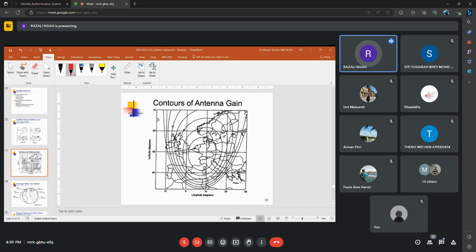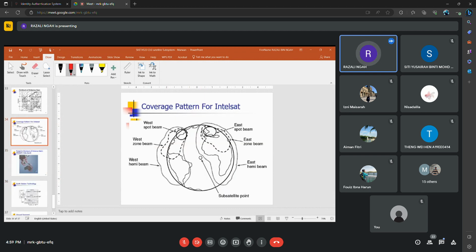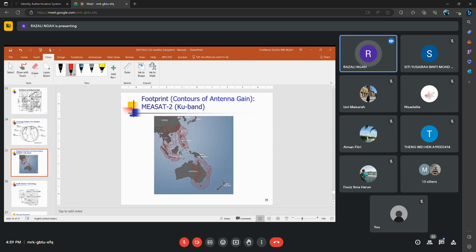For each zone we have 1 dB loss: 1 dB, 2 dB, 3 dB, and so on. This is another type of coverage. In the center, for example, the antenna gain will be 58.